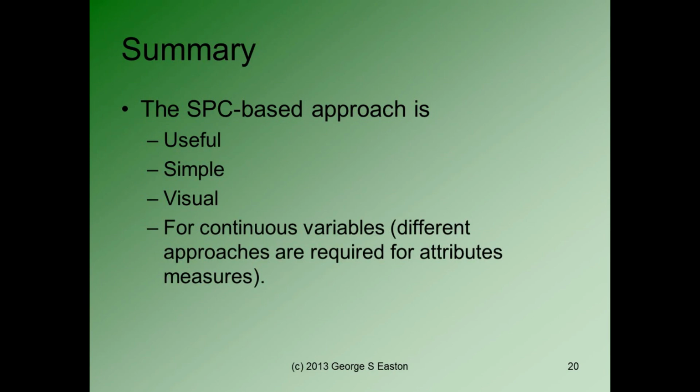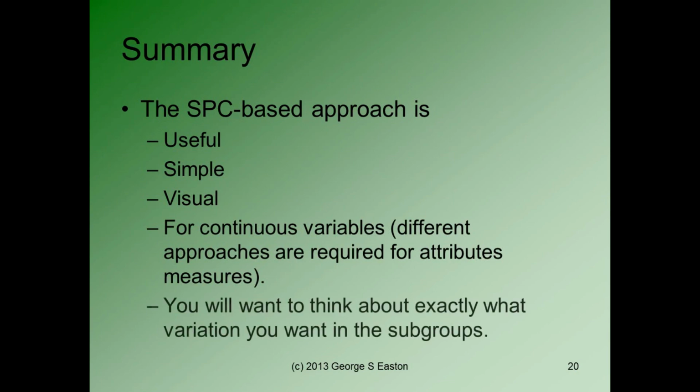Okay, I need to emphasize this in the closing summary here. It is for continuous variables, and different approaches are required for attributes measures. But when you use this approach this way, you do need to think about exactly what variation you want in the subgroups, because you really do want to assess your gauge capability in comparison to the variation that you're going to experience in practice.